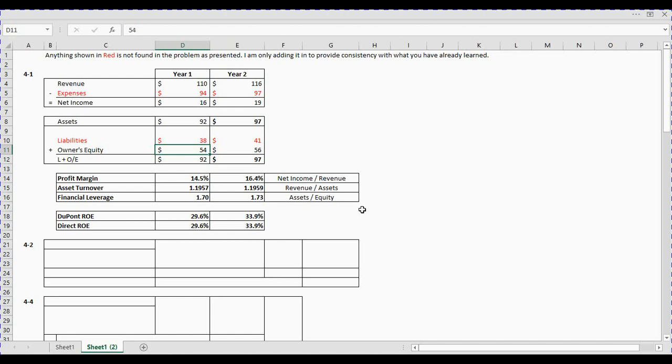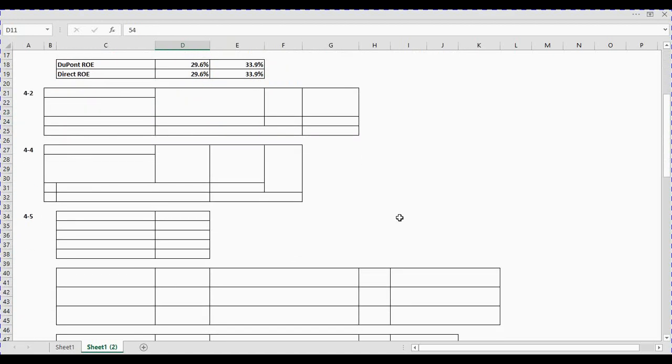In other cases, I might have a profit margin that stayed the same, and maybe I managed a higher asset turnover, or maybe I improved my financial leverage in such a way that my ROE improved. So in any case, that's how we would approach that question.